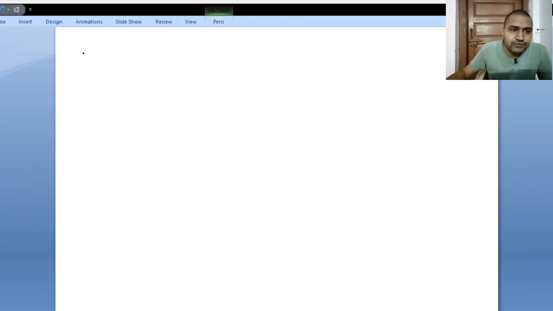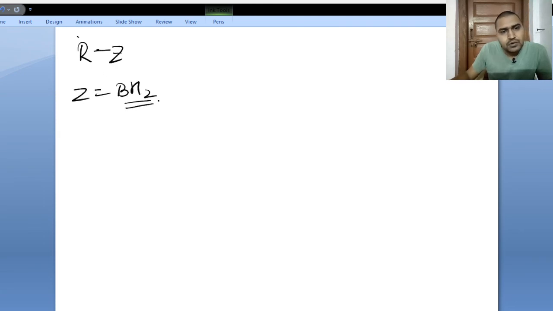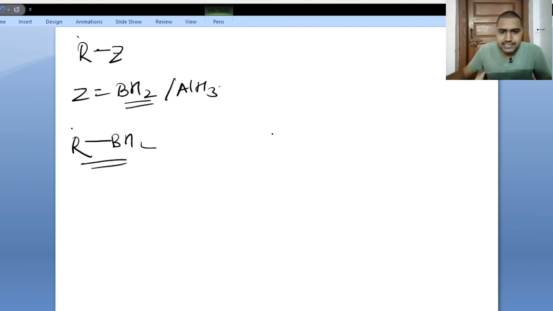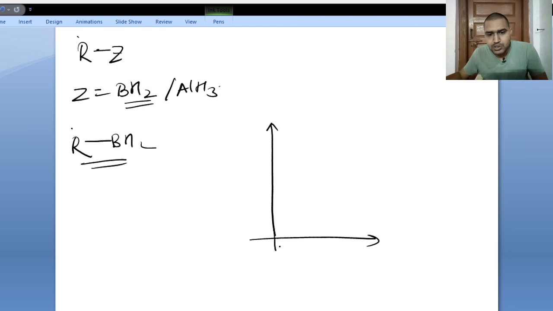And when the free radical is attached to a species which does not have lone pairs, something like that, then what happens? Let's see what happens when the substituent attached to the free radical does not contain any lone pairs.